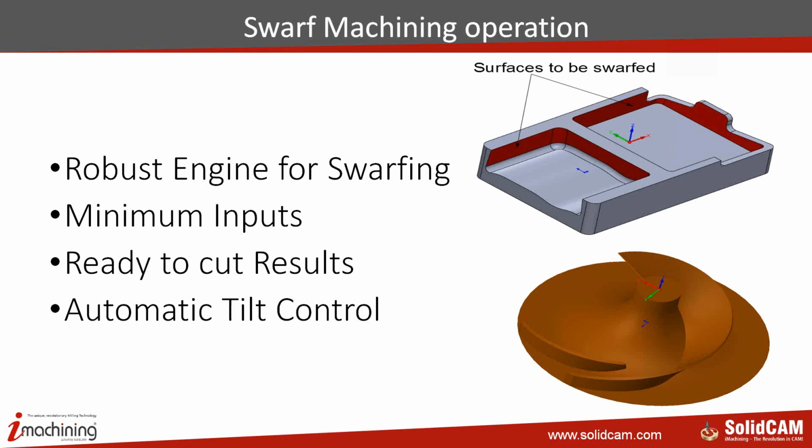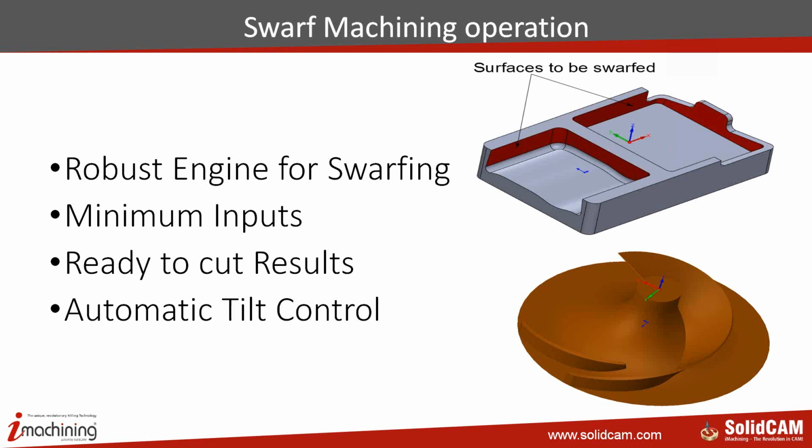You know, if you look at our earlier 5-axis engine, you will notice that a lot of inputs go into the software, whether it is geometry, construction, tilt lines, points, gouge check strategies, a lot of them. But when you start looking at the newer functions that are developed by SolidCAM, you will see that the inputs are bare minimum.